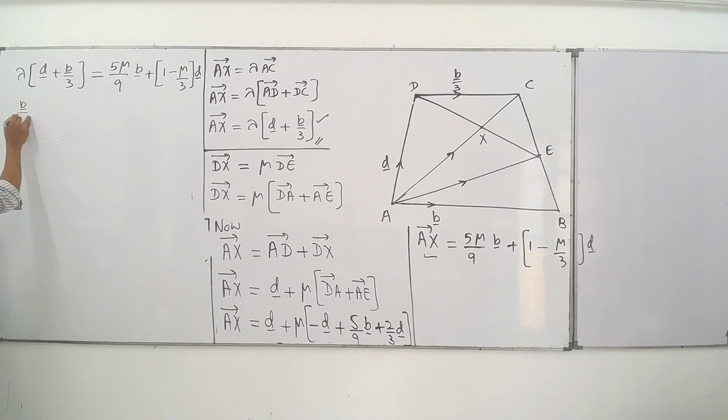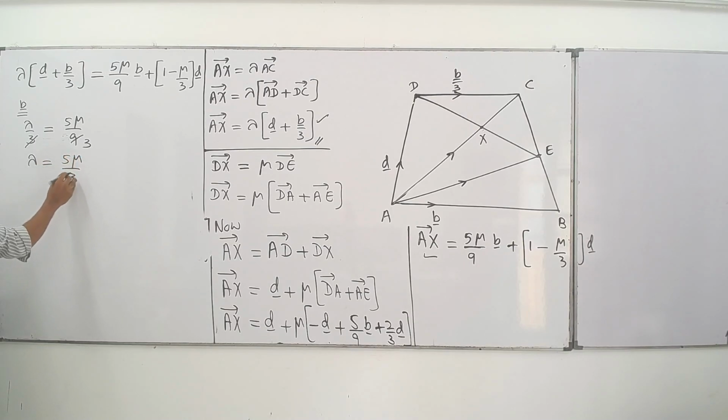When I equate the coefficients of B, lambda by 3 equals 5 mu by 9. Here you can cancel down. We get lambda equals 5 mu by 3. First relation.